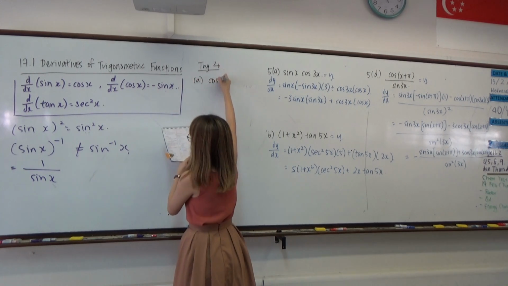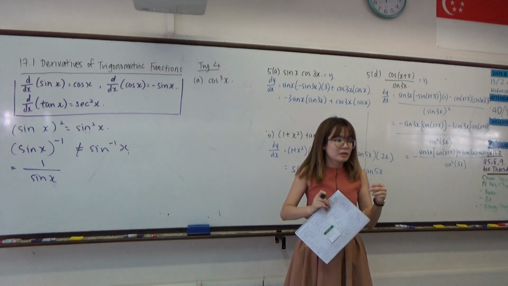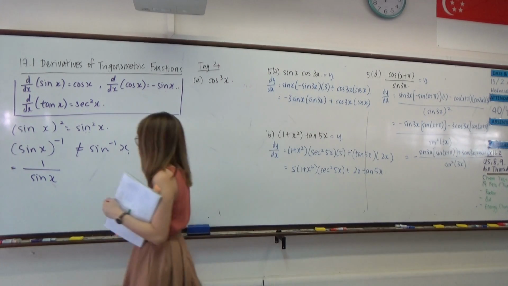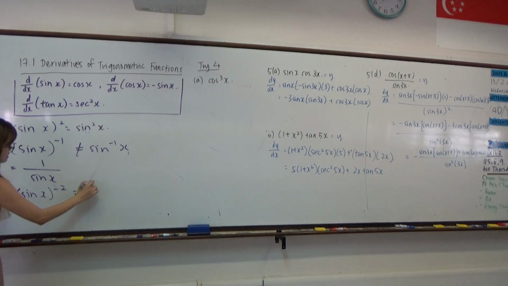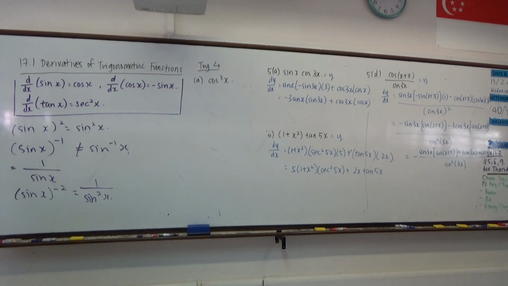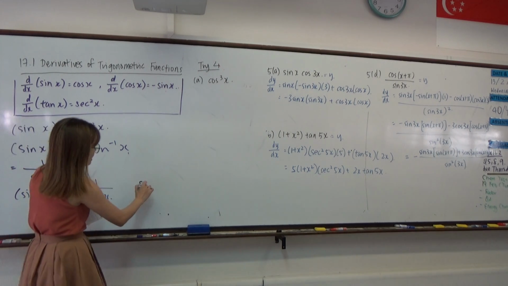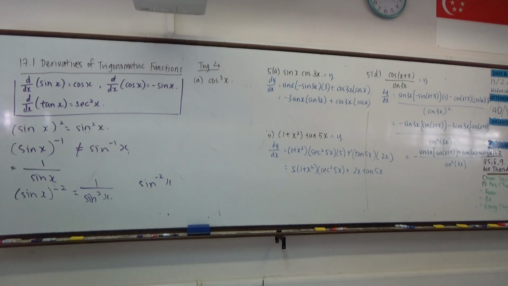If I have sine x to the power negative 2, this equals 1 over sine square x. But we usually do not write things like that. We never come across sine to the power negative 2x.